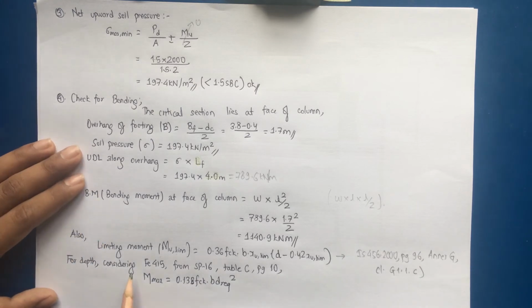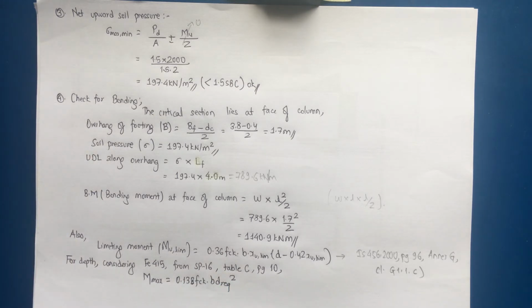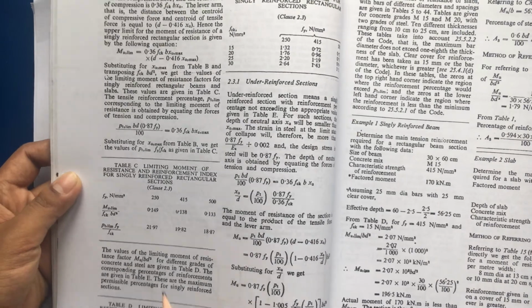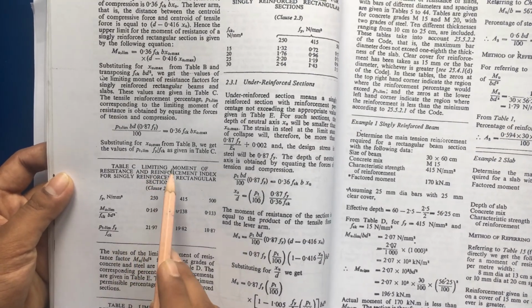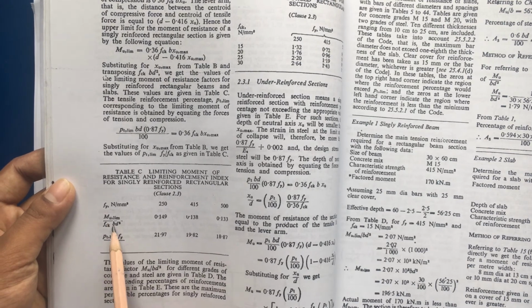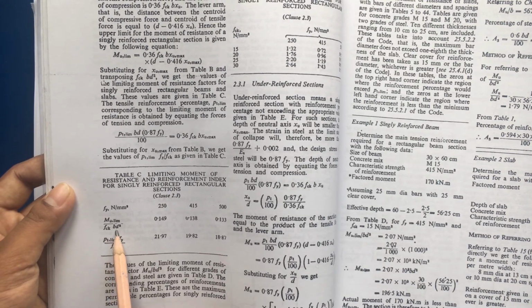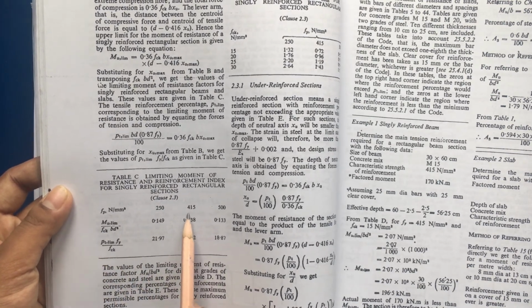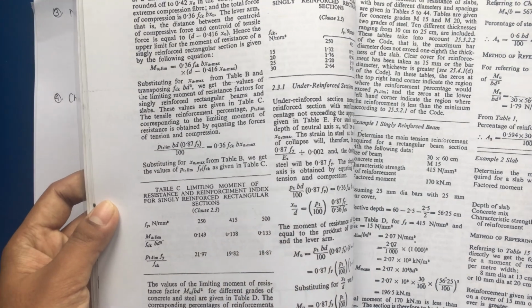So for depth we have to use a formula to calculate it, and considering Fe415 from SP16 Table C, page number 10, we have the limiting moment of resistance Mu limiting = 0.138 fck bd², for Fe415.